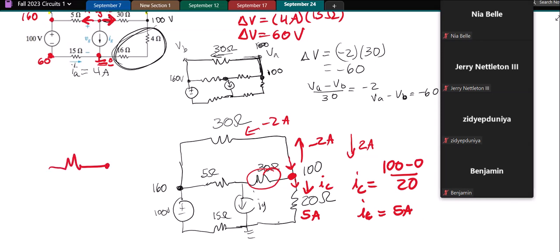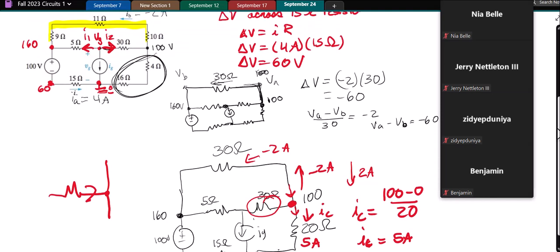So let's think about it like this. I'm curious about the current, and I think I labeled it something. I labeled it I2. So I have I2 right here, and I had negative 2 going this way and 5 going this way.